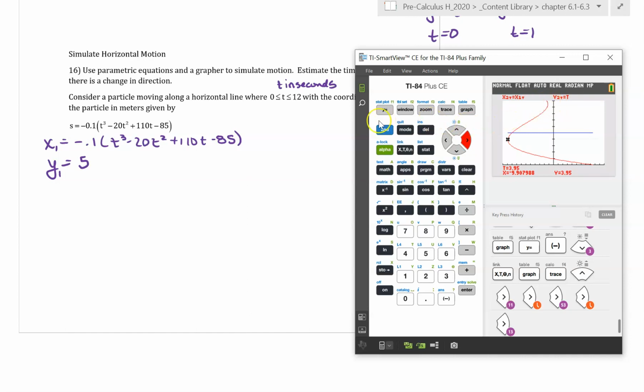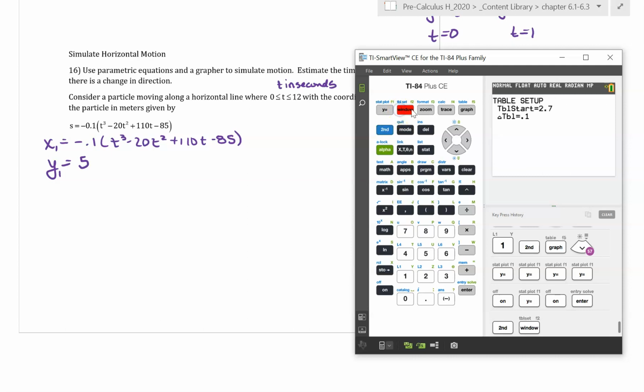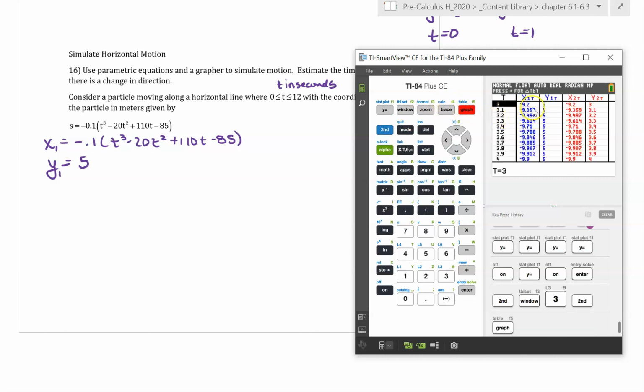But another thing you might want to do is look at the table. So if you go to table set, and we knew it was approximately 3.9, so maybe start at 3 or something, and our change in table 0.1, make sure these are both on auto. So if you go to table, notice you can see again, remember that y was quite arbitrary.